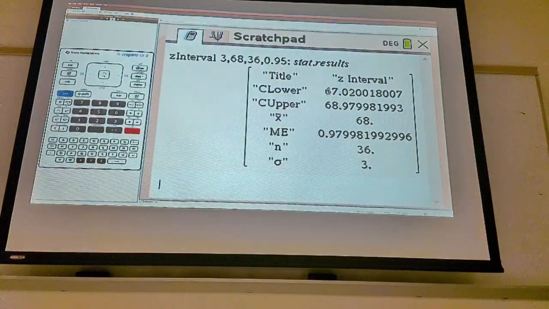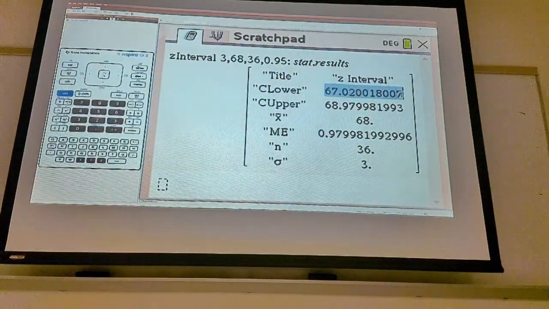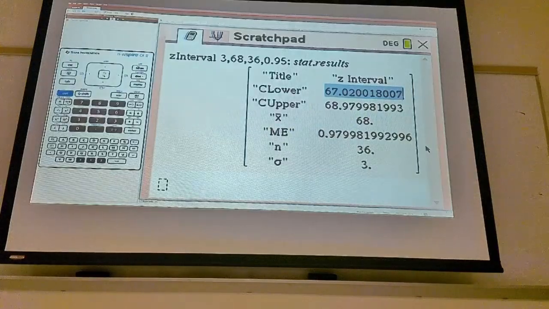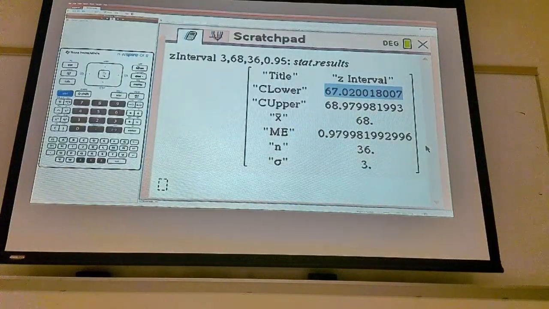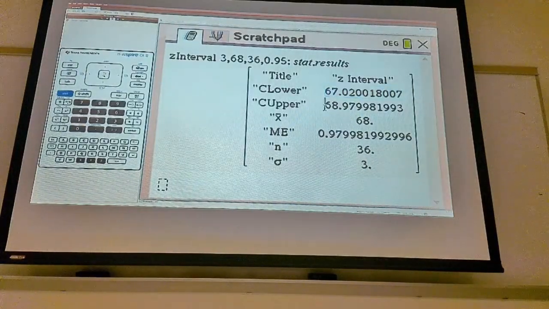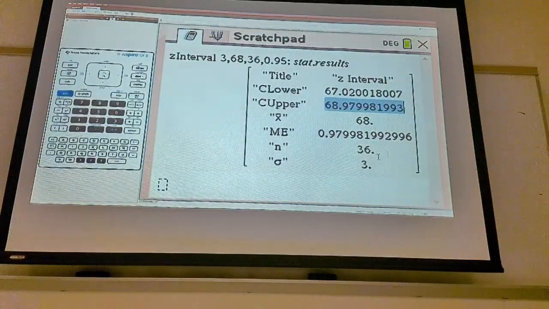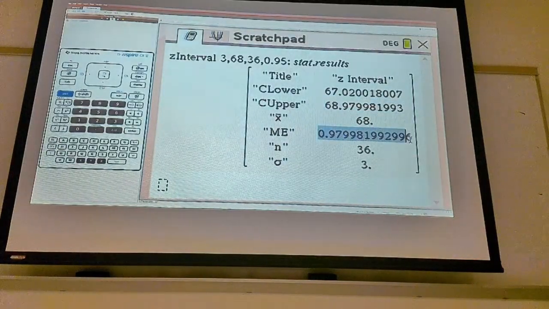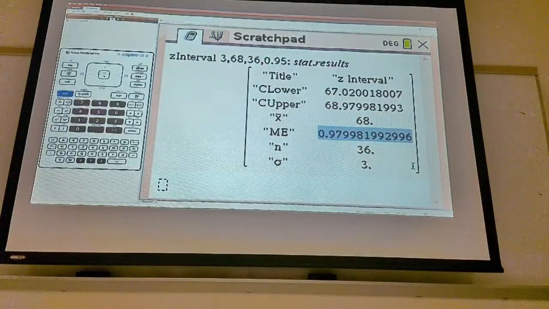There's the lower limit, which is what we got. There's the upper limit, which is what we got. And there is your margin of error, which is what we got.